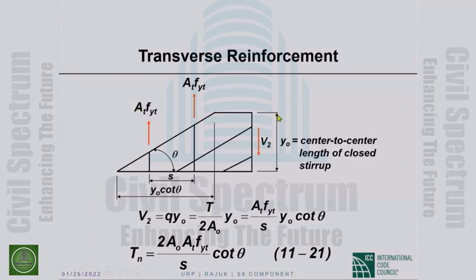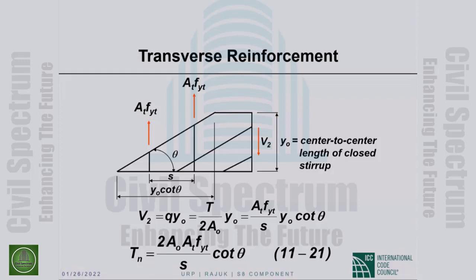If this is Y sub 0, from here to there is Y sub 0, then this is a crack, the height is Y sub 0, then that horizontal distance is Y sub 0 cotangent theta from trigonometry. So the horizontal is the vertical multiplied by cotangent of theta.